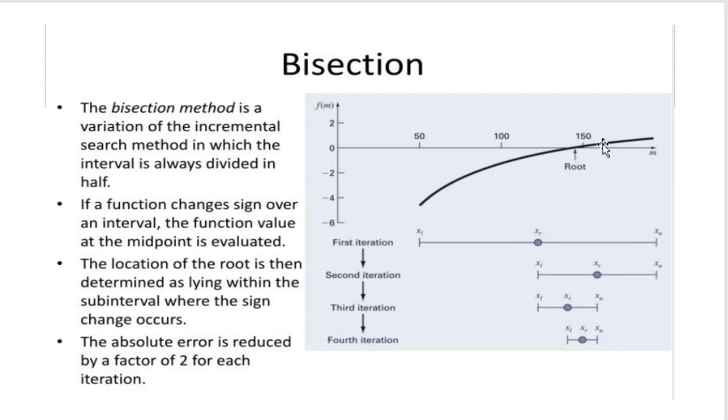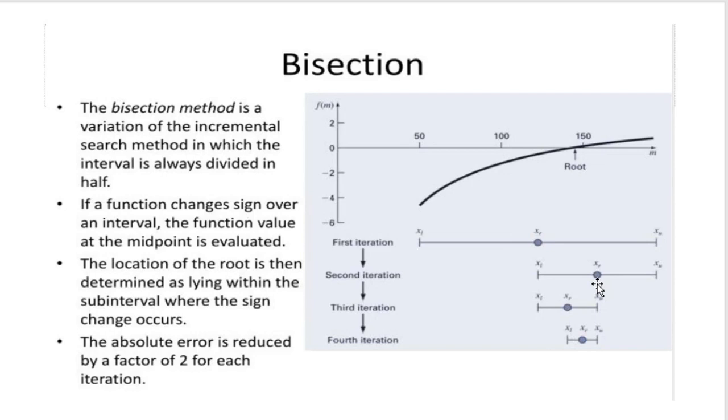So what I conclude is now the root lies between this current value of XR and the current value of XL. So we will now search the root between XL and XR, and now the lower limit becomes, for the third iteration, lower limit is XL, upper limit is now XR.